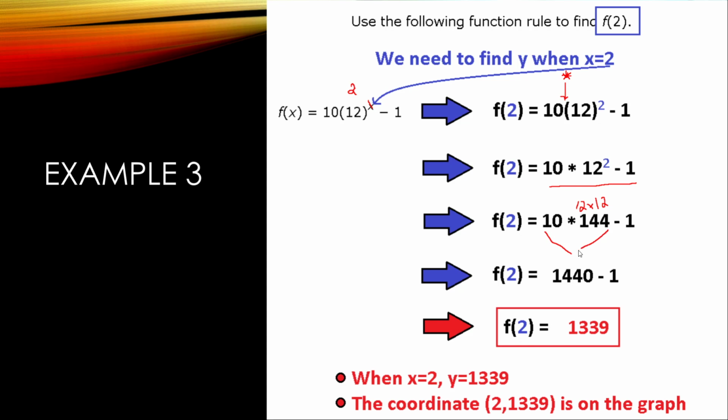Well, to find this, we're just multiplying by 10, so you can just add on a 0 to the end of this. Right, we just add on a 0 to the end. You're multiplying by 10. And then we just subtract 1 for that. And that leaves us with, oops, that's a little bit of a typo. This should be a 1,439. So when x is 2, y is 1,439.